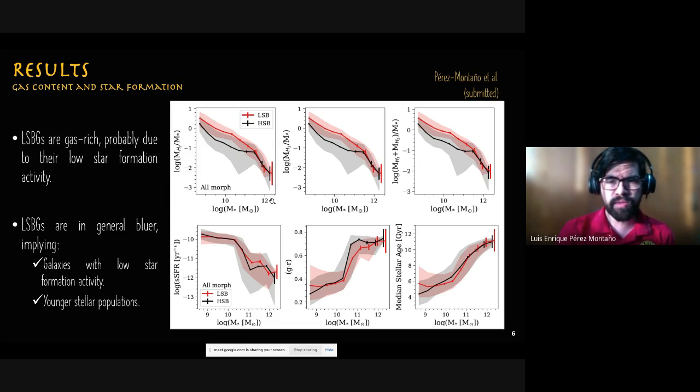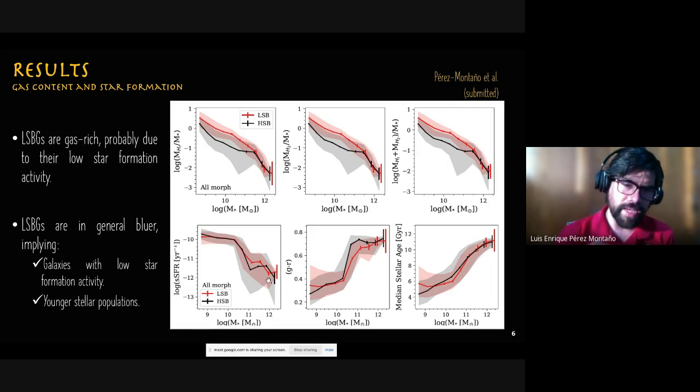But when we study the specific star formation rate, the color, and the median stellar age, we found that LSBGs are in general blue, as we can see in this plot, especially in the stellar masses we are focused on.